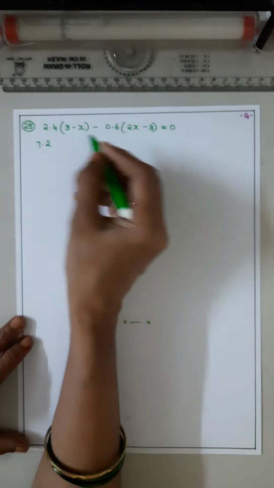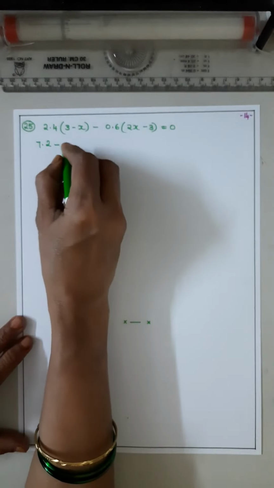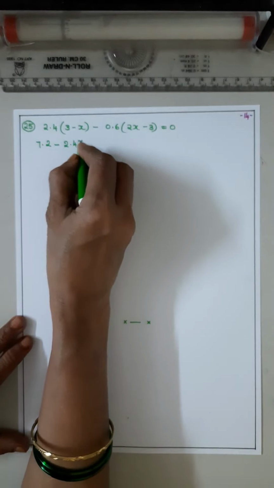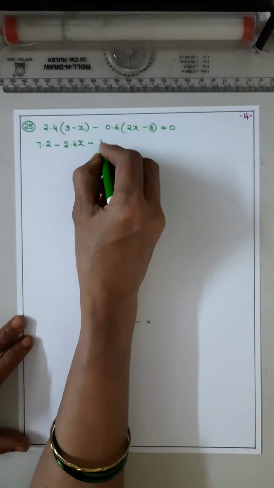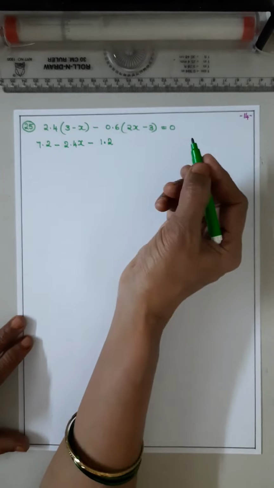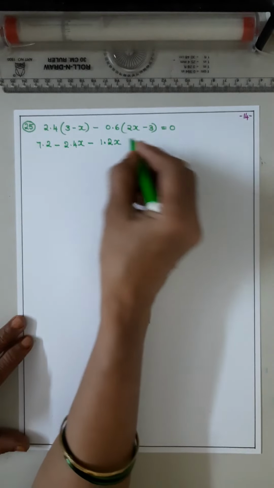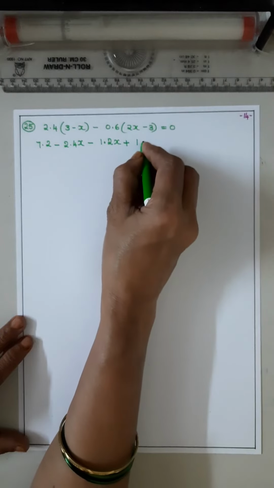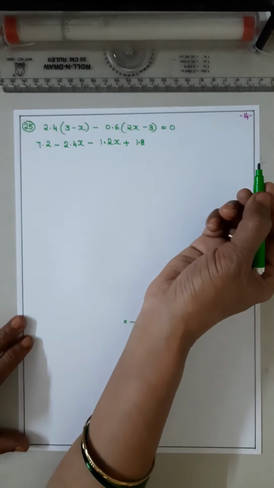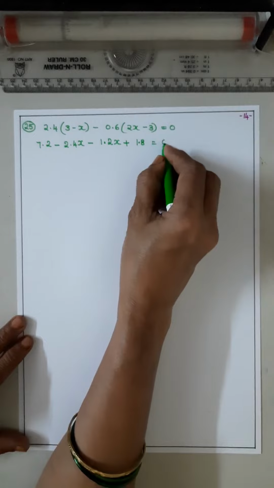You got 7.2 minus 2.4x minus this one, 6 2s are 12. So it will be 1.2x, minus minus becomes plus, 6 3s are 18. So it is 1.8 is equal to 0.